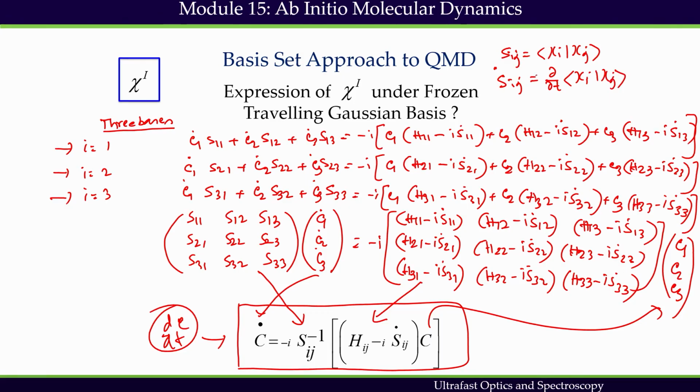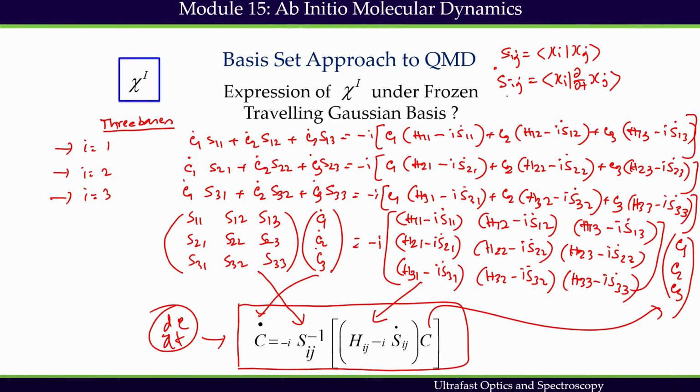It is not like this; rather, as we have defined before, it is chi I then the first derivative of chi j. This is something we should remember. So S dot here is not the time derivative of the overlap matrix.